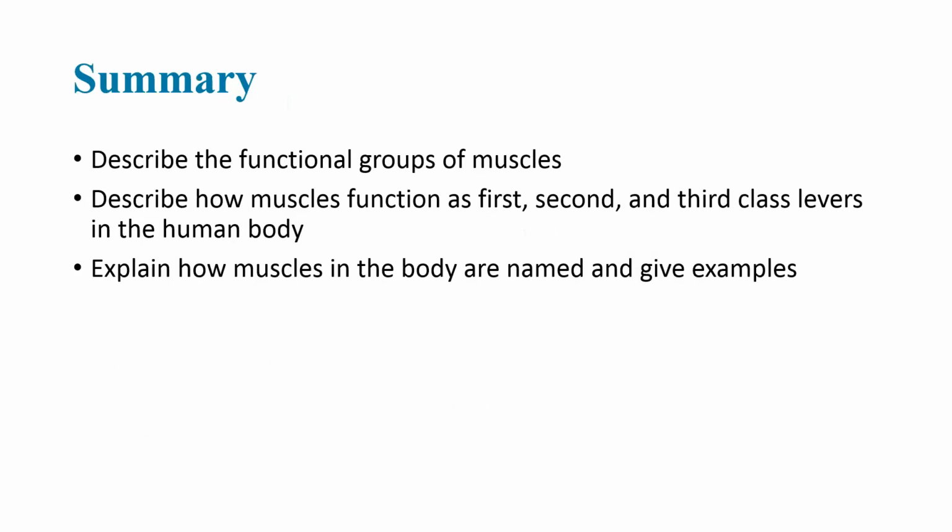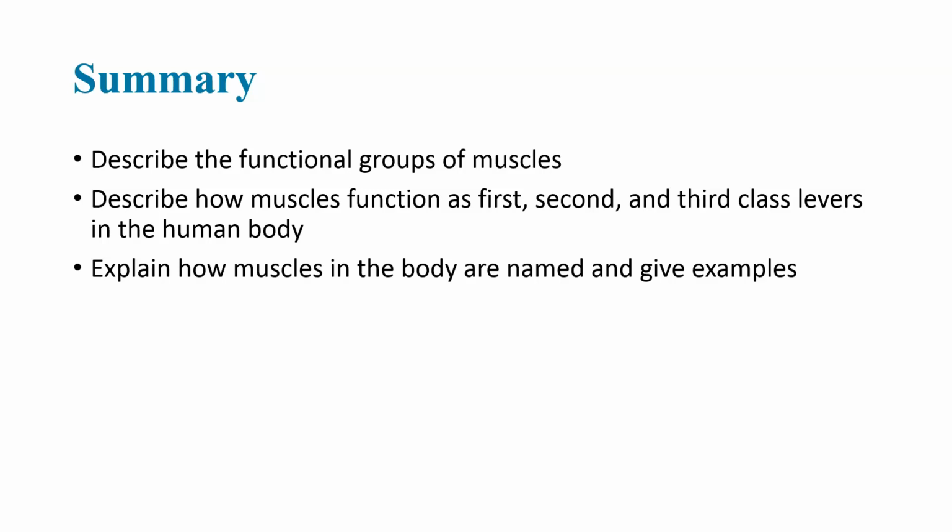So I know this was a long video, but we've really covered a lot of information. We've talked about how muscles are grouped functionally. Remember, you have the prime movers, which are muscles that are primarily responsible for a specific type of movement in the body. You have the antagonists, which are the muscle groups that work against the prime movers, and you have the synergists.